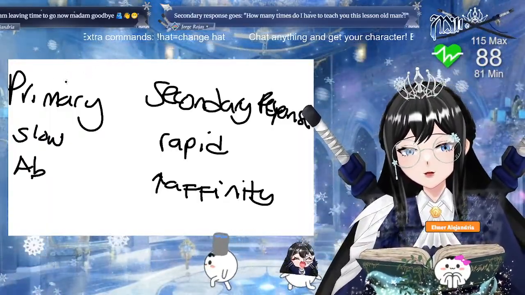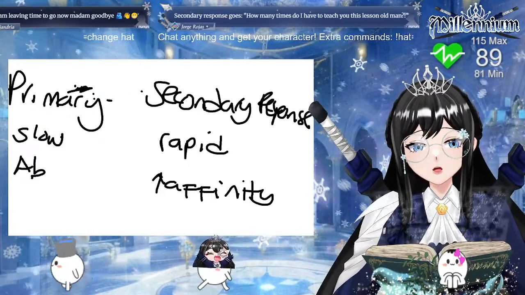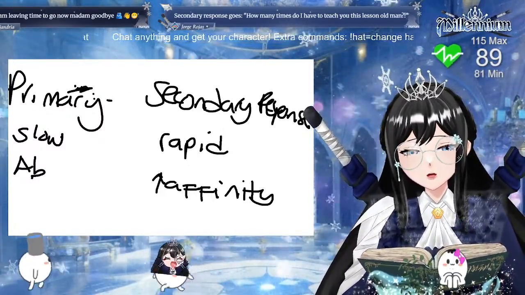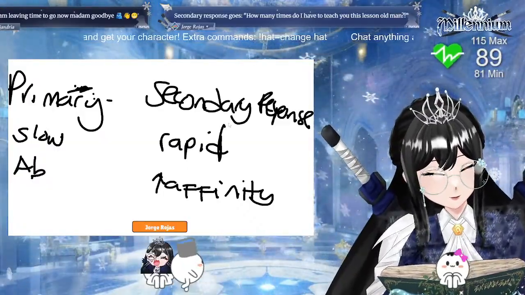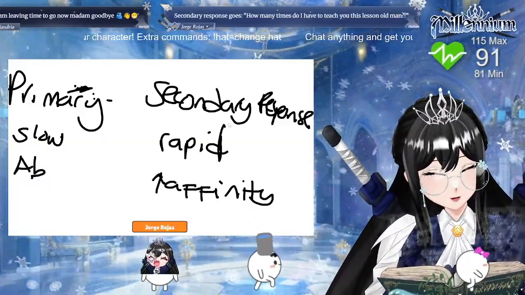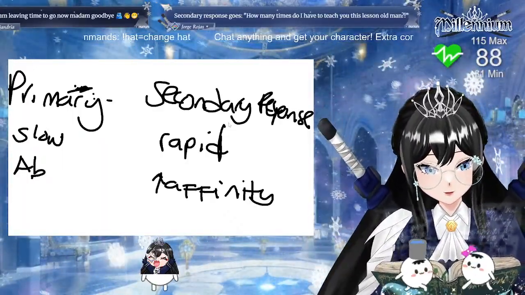The primary response of Kakashi is like, no, it's kind of slow for now. Secondary response would be bring out the chinelas and then bam, like that. So that's the primary and secondary response. Secondary response is much, much quicker and much more effective.